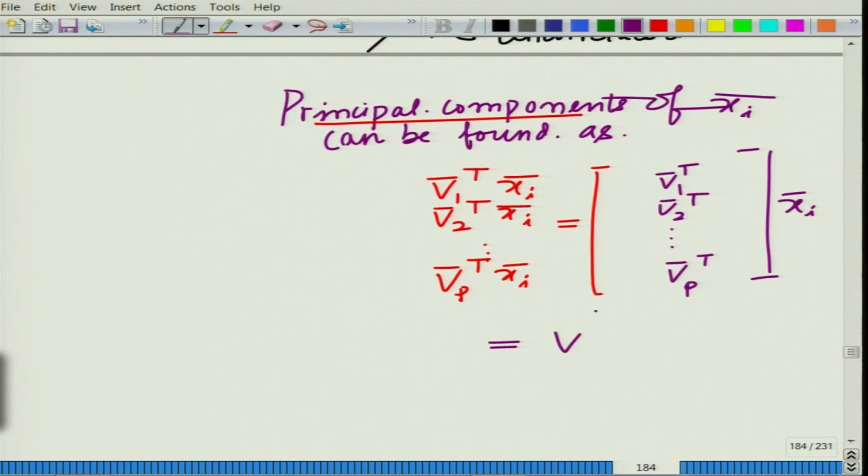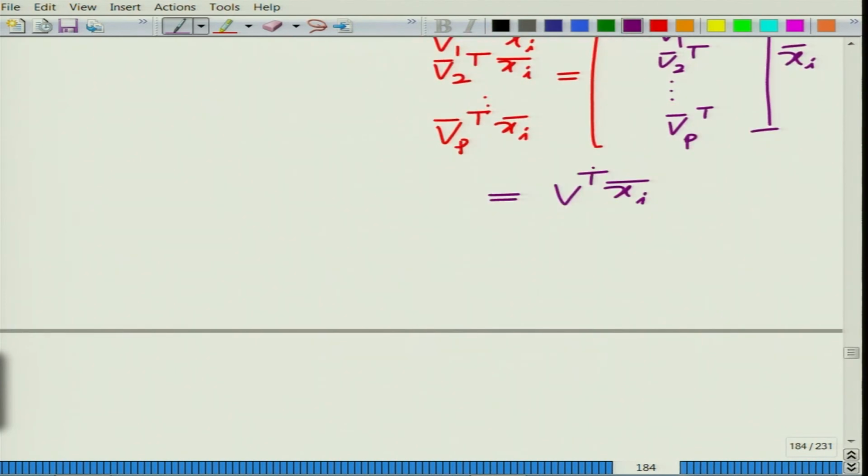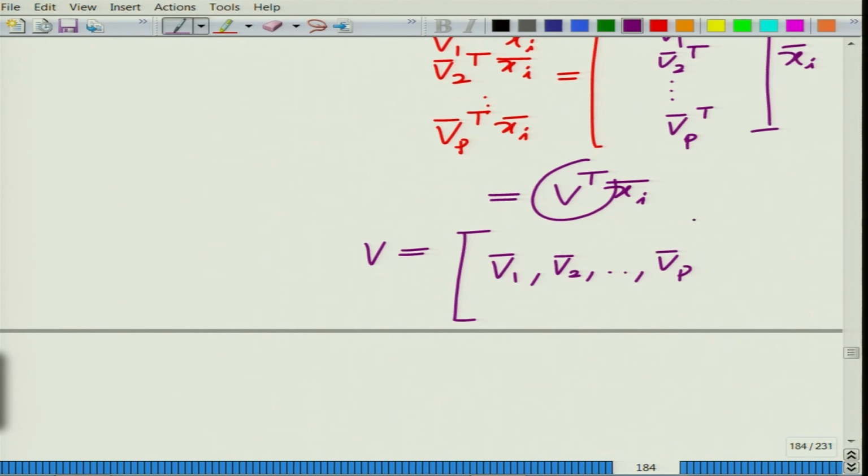That is the matrix V transpose xi bar, where V is the matrix containing the eigenvectors V1 bar, V2 bar, Vp bar.